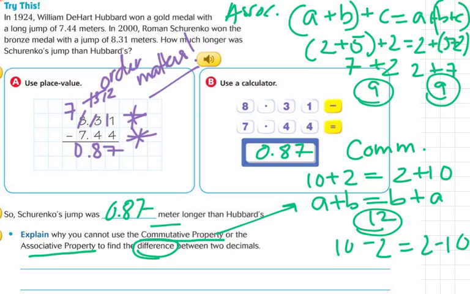Now, boys and girls, if we use subtraction for that, however, we'll notice that our answer is not the same.